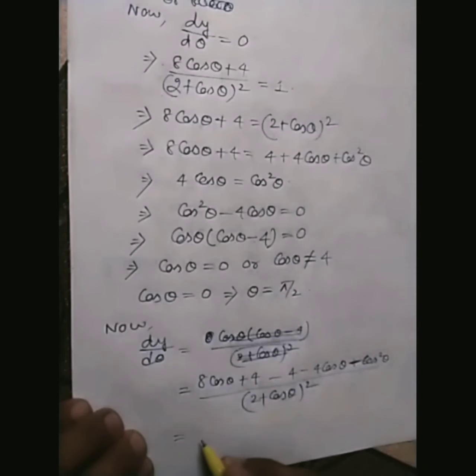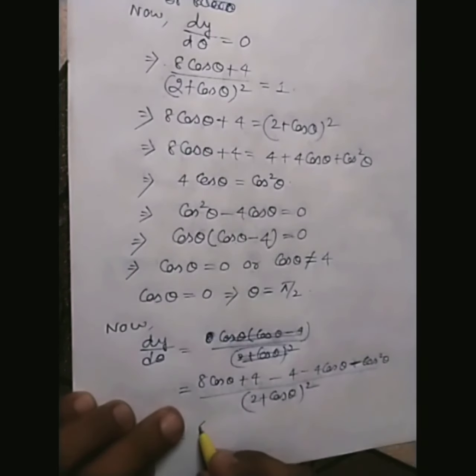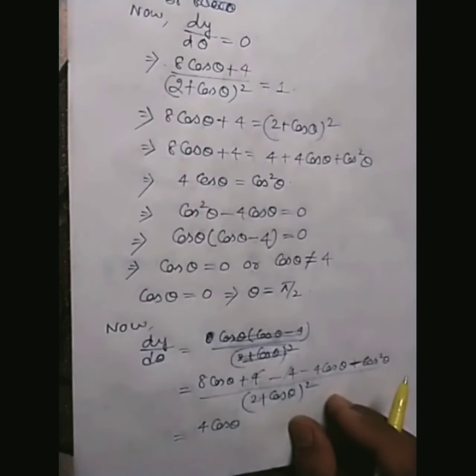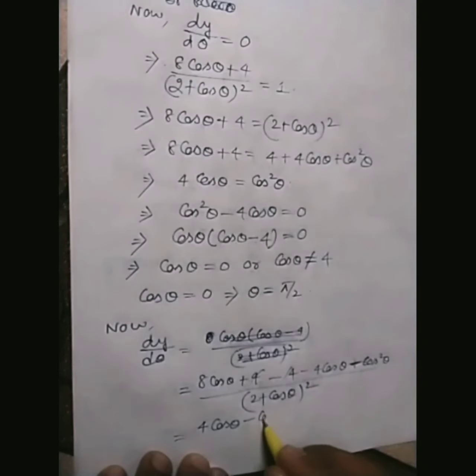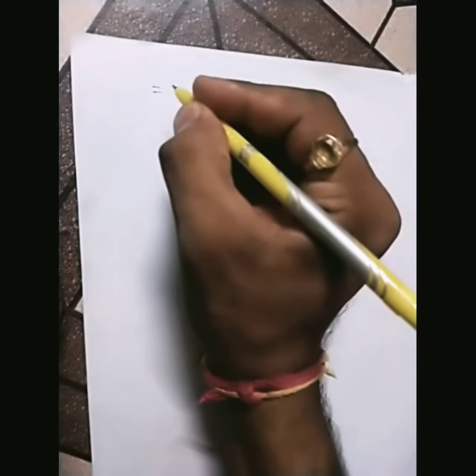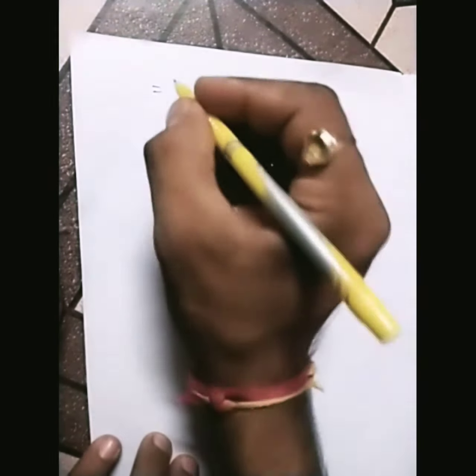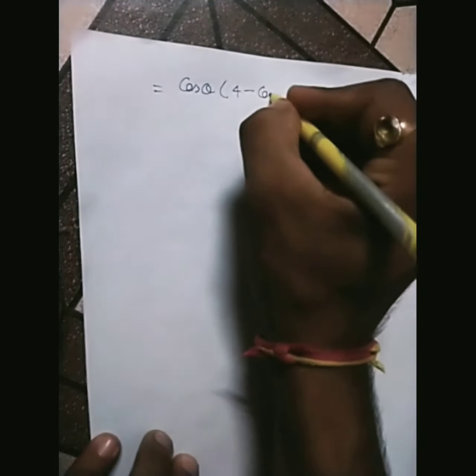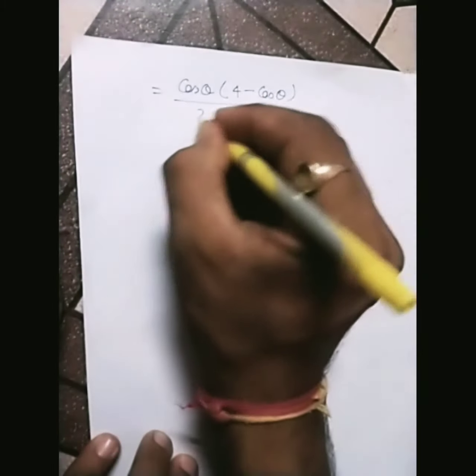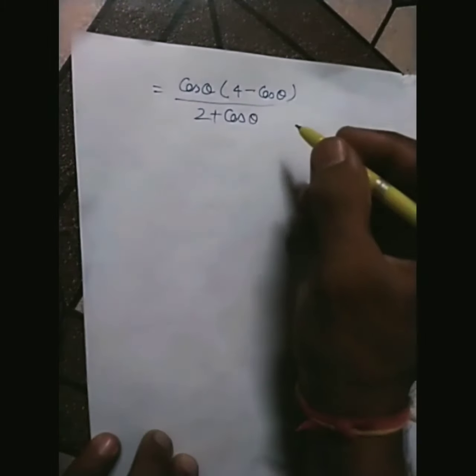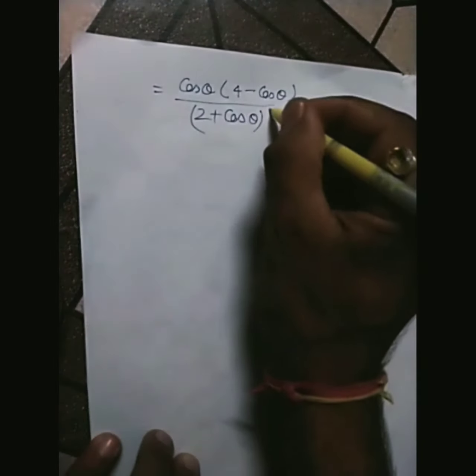Is equal to 8 cos theta minus 4 cos theta, you are getting 4 cos theta. This 4 will get cancelled. Minus cos square theta divided by 2 plus cos theta whole square. So next line we will get is equal to 4 cos theta. So you can take cos theta common. Cos theta (4 minus cos theta) divided by (2 plus cos theta) whole square.